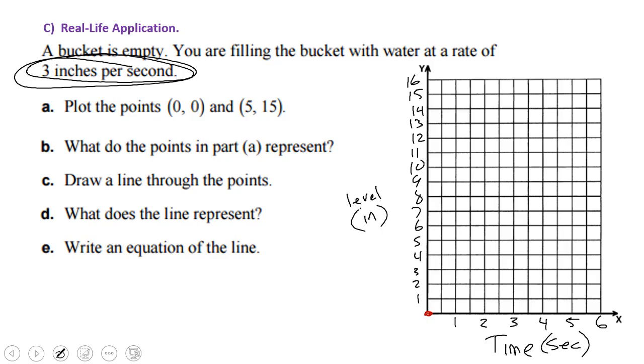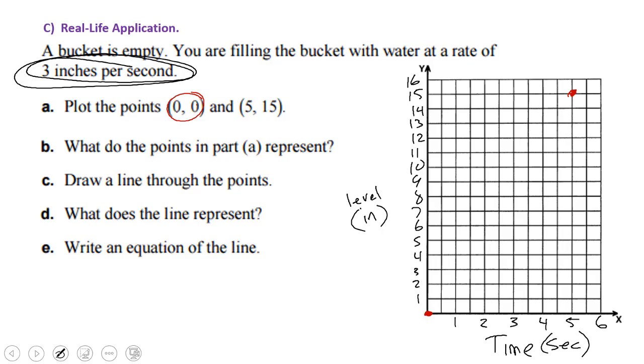And now it says graph point 5, 15. So we come out here 5 on the x-axis, go all the way up to 15, and we put that point right there. And it says, what do these points in part A represent? Well, 0, 0 is going to represent that if we haven't started filling it yet, if no time has passed, then there won't be any water level in there. Does that make sense?